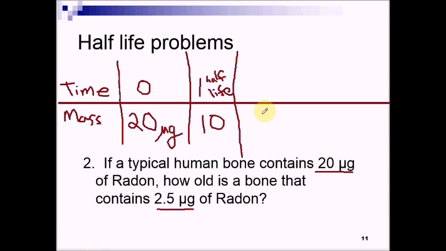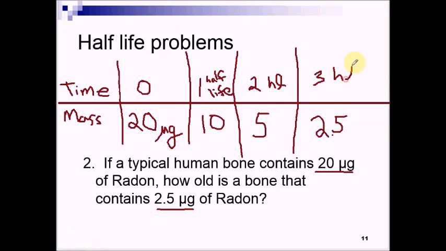Keep on going. Another half-life goes by, we would have 5 grams. So that'd be 2 half-lives. All right, and then another half-life goes by. We're just going to divide this in half again. We would have 2.5. So that is 3 half-lives, which is our answer.